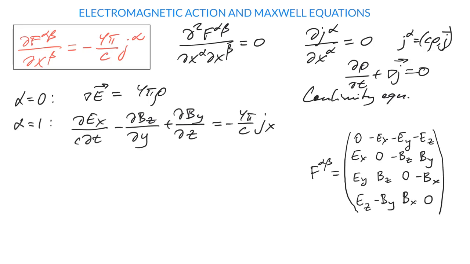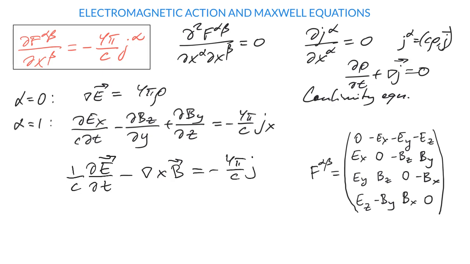So this is actually the x component of negative curl of B. So if we put all the three equations together, we should get 1 over c dE by dt minus curl of B equals minus 4 pi over c j, not jx, but vector j.